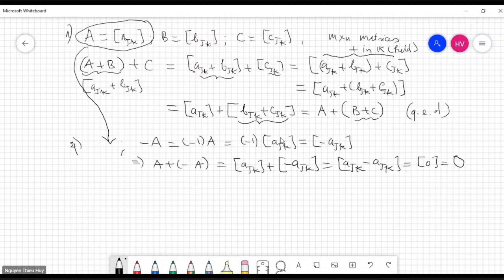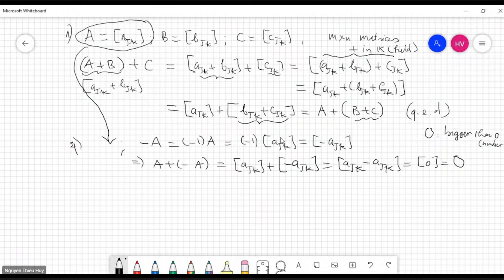But you have to write it a little bit bigger than the small 0 number, to indicate this is a zero matrix. Okay, so now these are our properties 1, 2, 3, 4. I proved only properties 1 and 4.